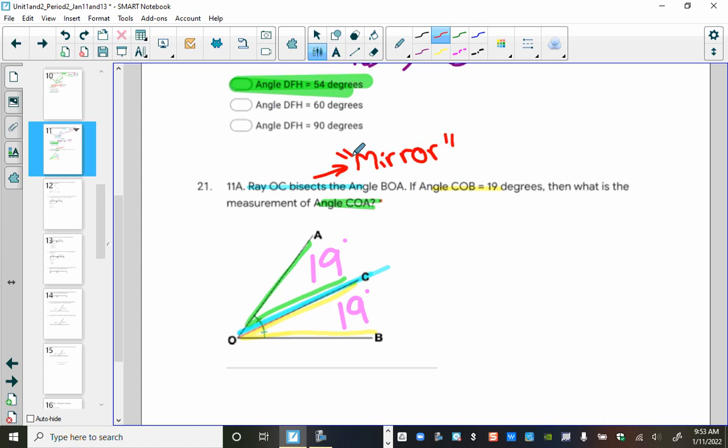We're talking about perpendicular bisector, angle bisector, segment bisector, because we're going to see that again momentarily. So for 11A, we just wanted this angle right here. This is the angle we were looking for, COA.